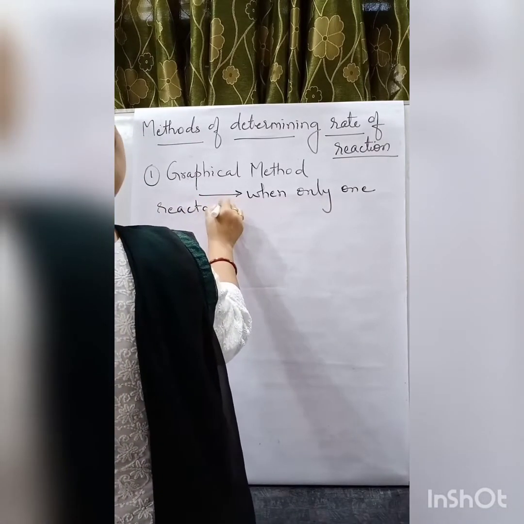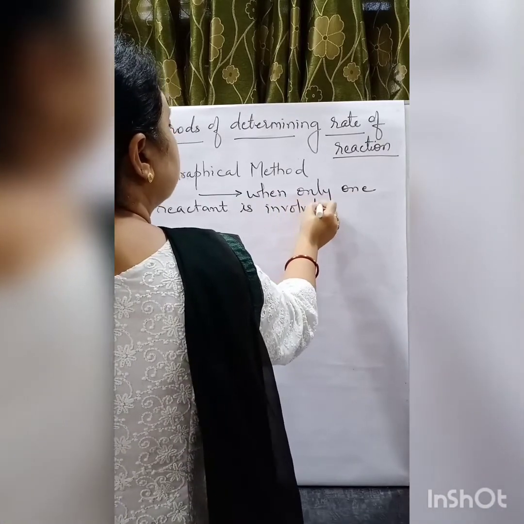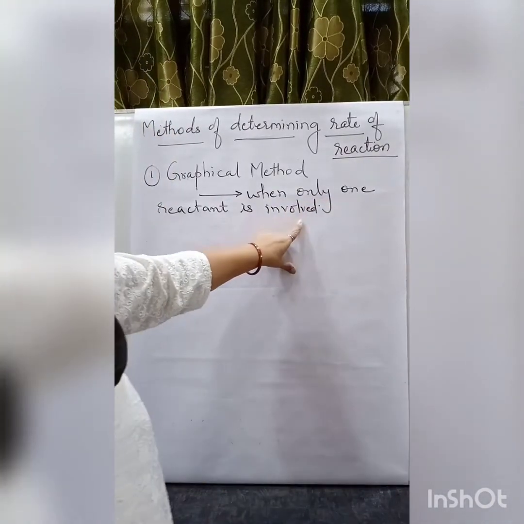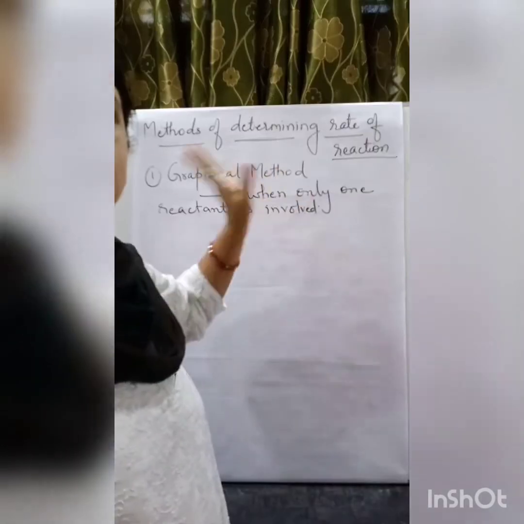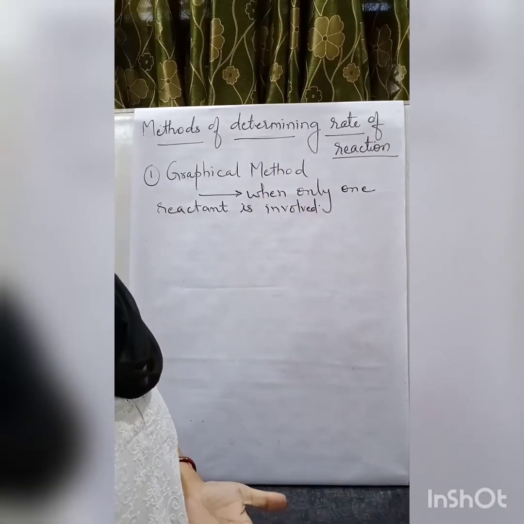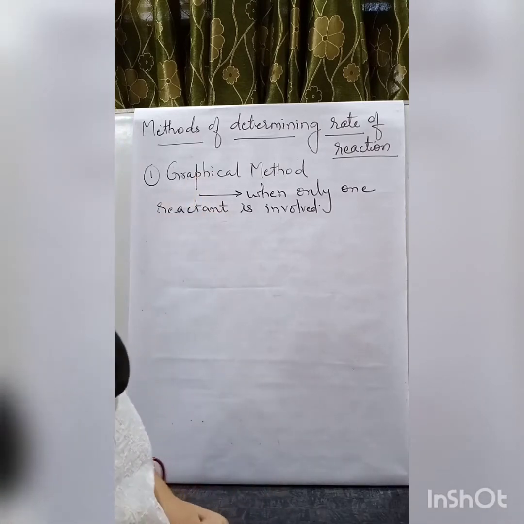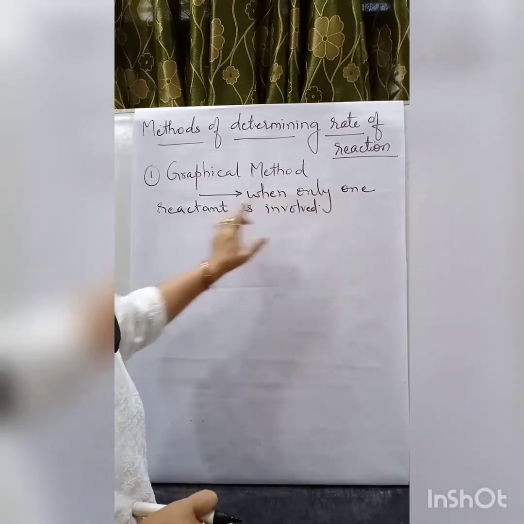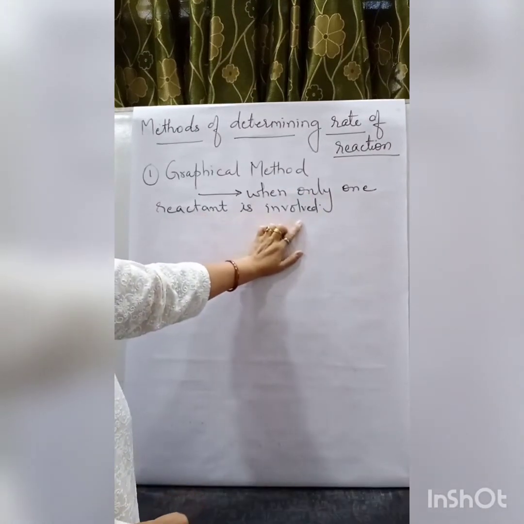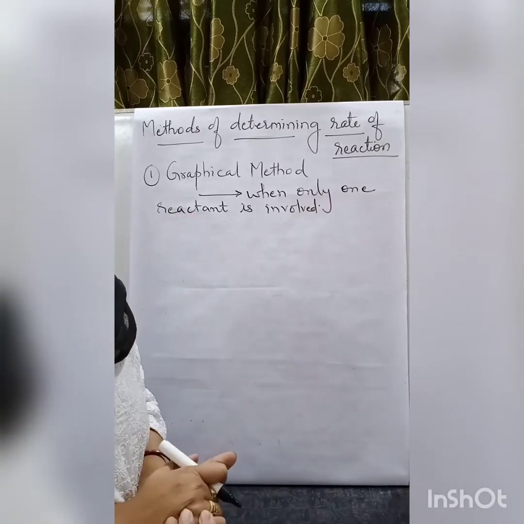When more than one reactant is involved, we cannot use this graphical method. So when only one reactant is involved, this method helps us in determining the rate of reaction.